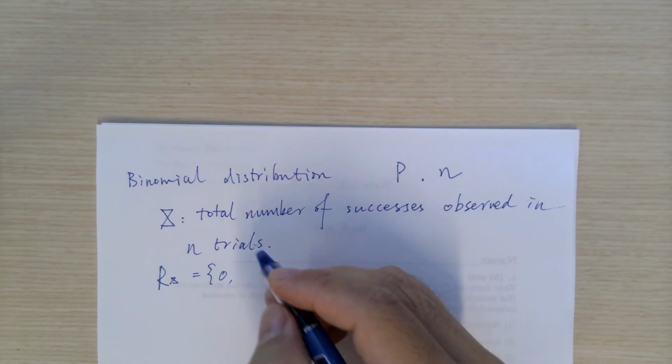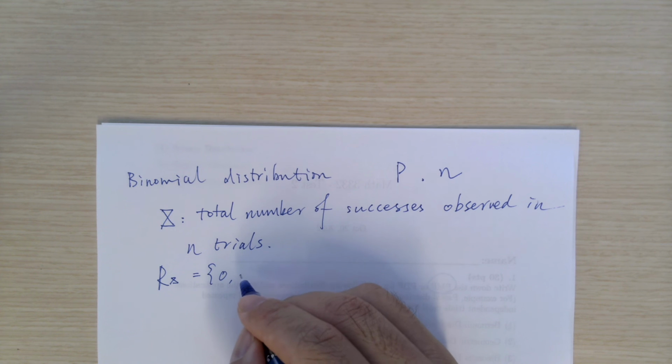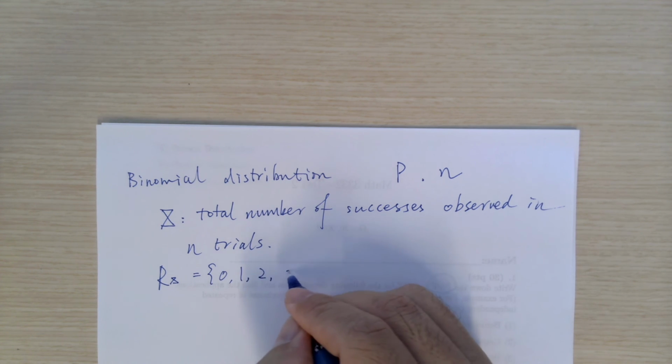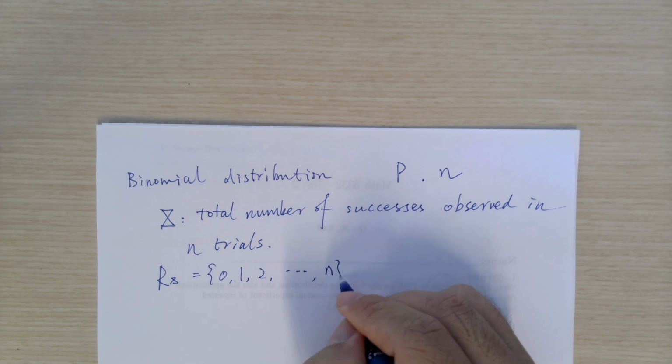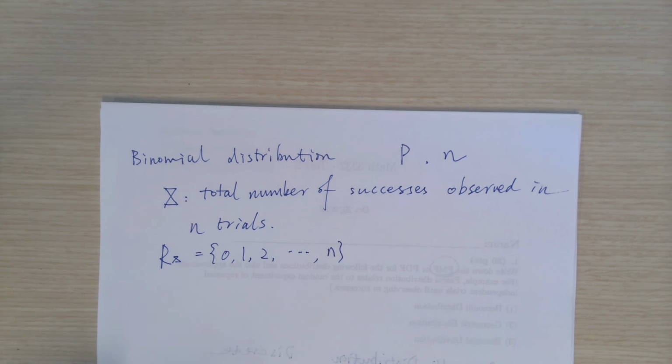So the range for X can start from 0, 1, and the largest number you can observe is n, which means all n coin tosses are heads. This is what we call the binomial distribution.